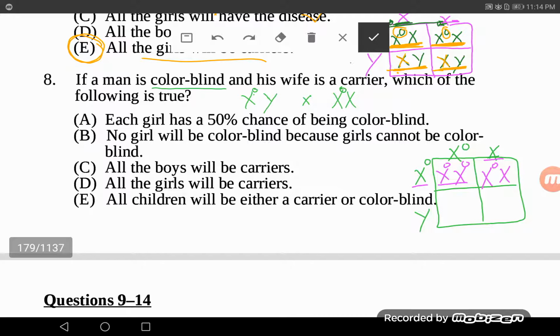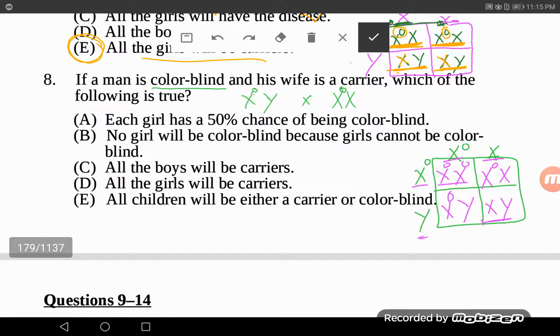She will be a carrier. For the males, again we cross this one with this one. There is a chance for the males carrying that disease, and in the other case the male will be normal.